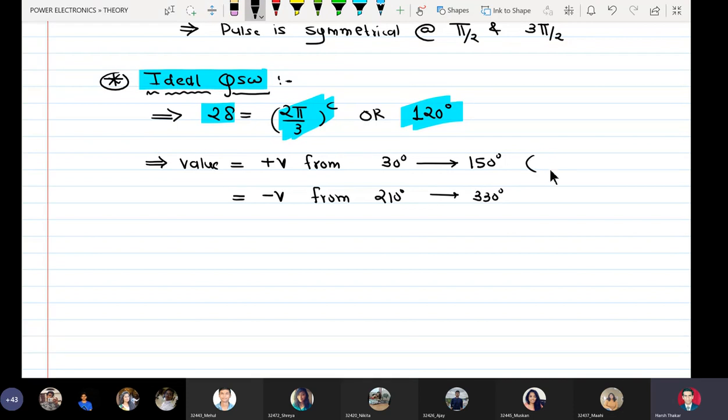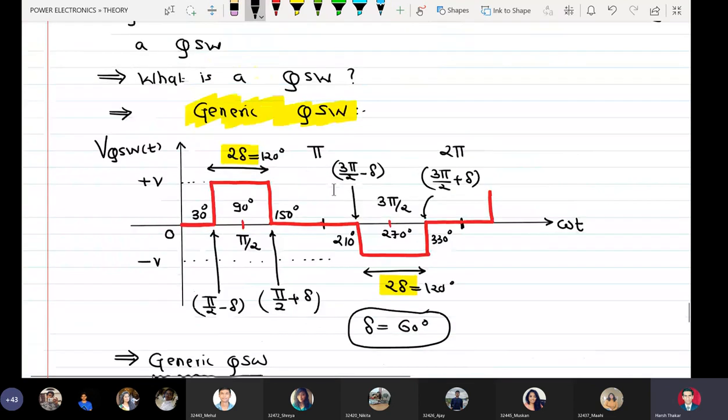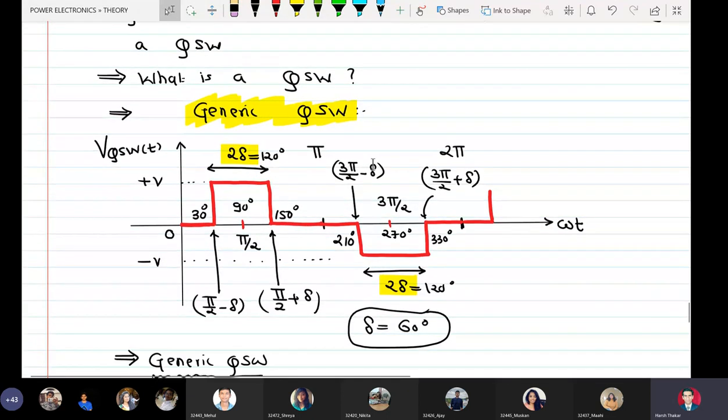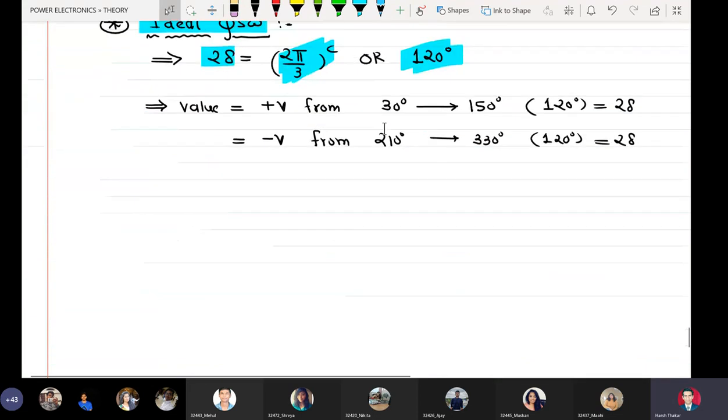If you see carefully, this is again 120 degrees, equal to 2 delta. So if Q1 and Q2 are fired only from 30 degrees to 150 degrees and Q3, Q4 are fired from 210 degrees to 330 degrees, instead of a square wave, I will get a Cauchy square wave at the output.